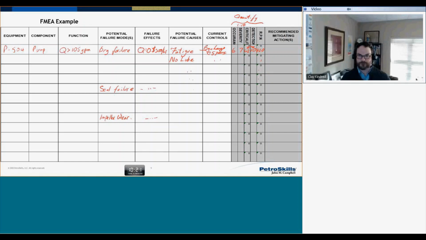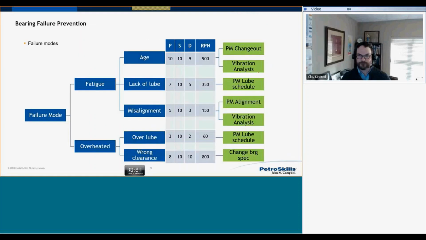And once you've done that, you can identify what your mitigating actions are. And this is just an example I put together, something quite simple. So if I've got a fatigue failure, that could be due to old age. Rolling element bearings are designed to wear out. That's what they do. They're not designed to last forever. So we've got a 10 by a 10 by a 9. That's a 900. I could mitigate that by a change out on a planned basis.